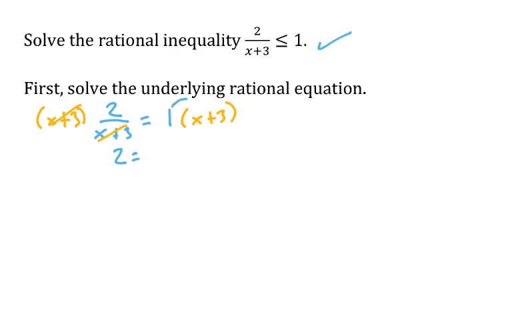Distributing the 1 across like this, we would simply have 2 is equal to x plus 3, and subtract 3 from both sides, x is equal to negative 1.